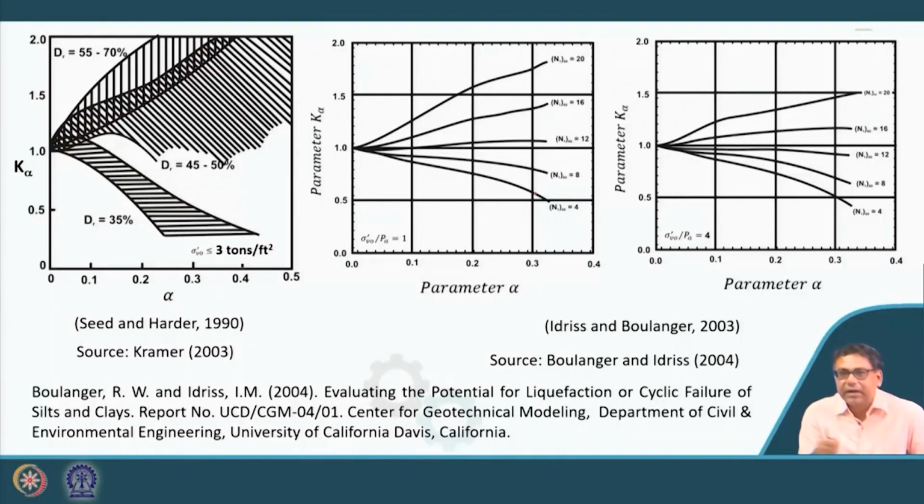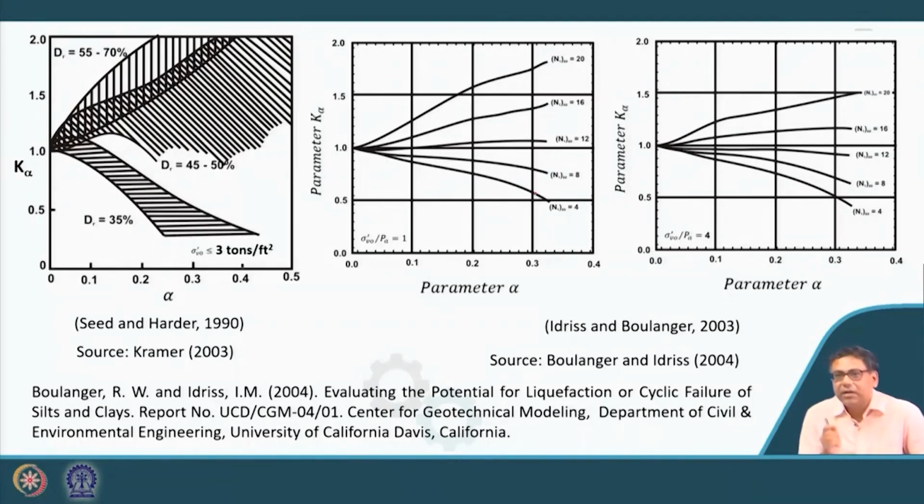But if it is greater than 10, that means moderately dense to dense soil, then the factor of safety will increase. That is not an issue, since it will not reduce your factor of safety, but you should still consider it. But if it is loose sand, then it will reduce the factor of safety. That is the most critical part.